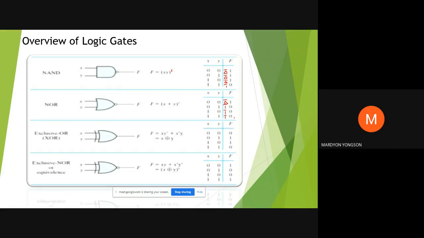And then also we have the exclusive OR gate or XOR. So in this gate naman, we use this symbol. We have the extra line before the OR gate symbol for the input.